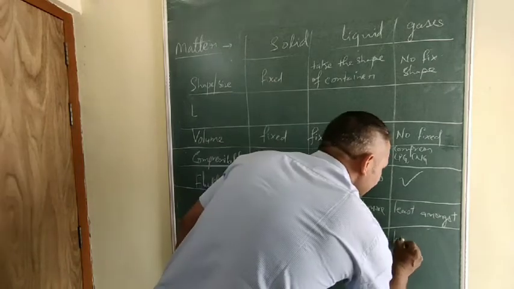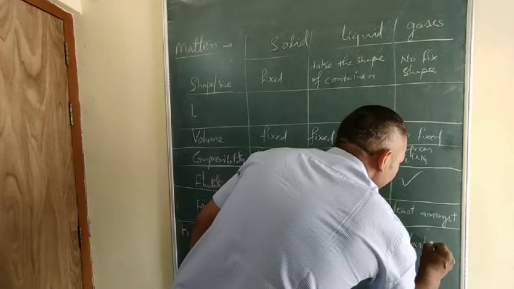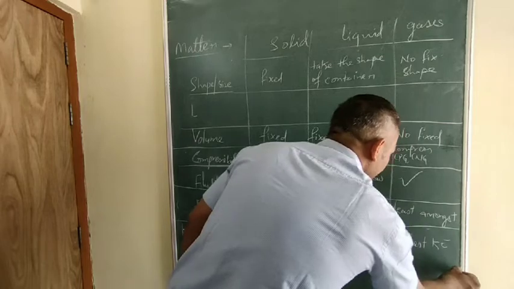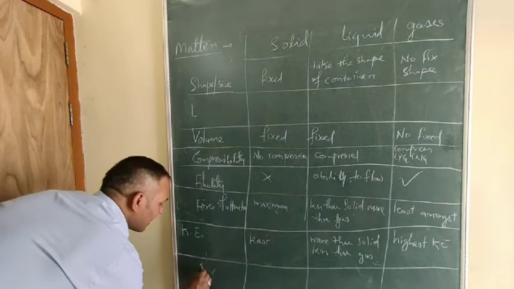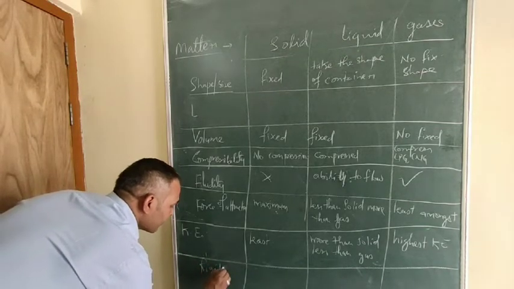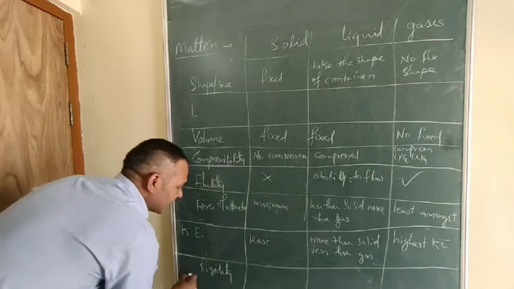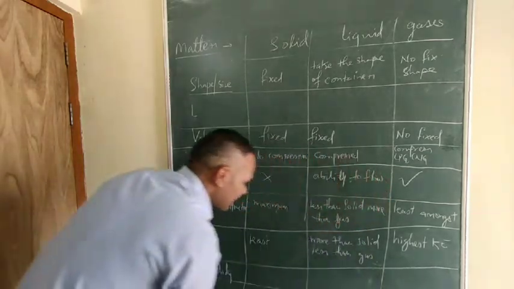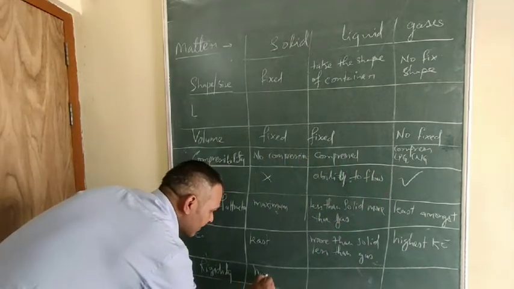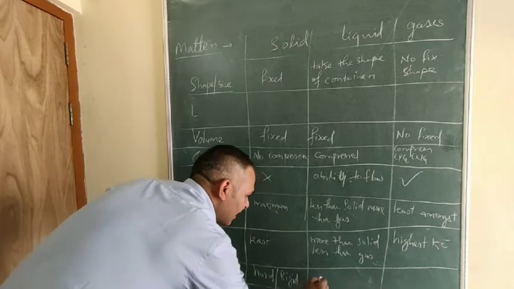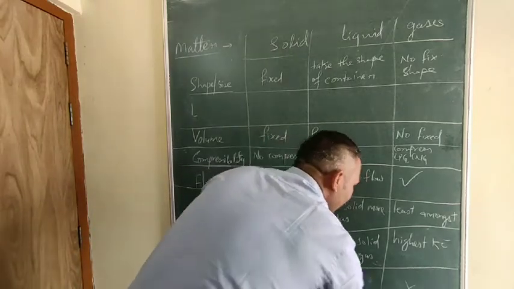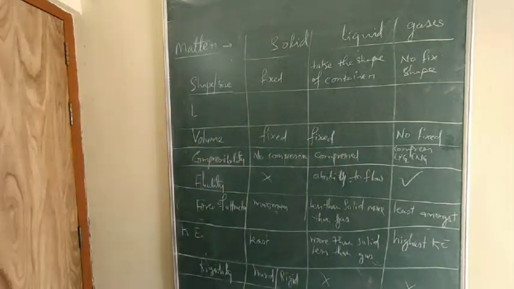Gas is having the highest kinetic energy. Next is R. R for rigidity. Rigidity की बात करेंगे. Solids are rigid. They are hard. Liquids are not hard, not rigid. Gases are not hard, not rigid.